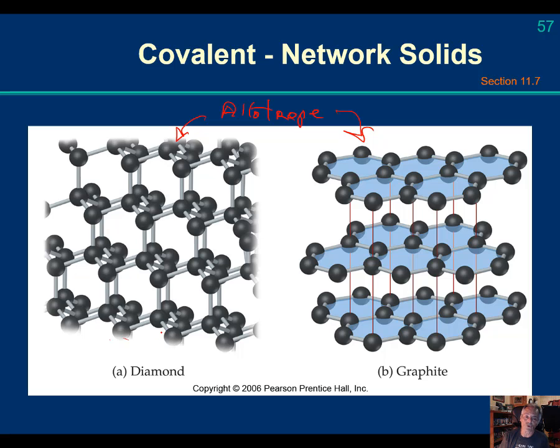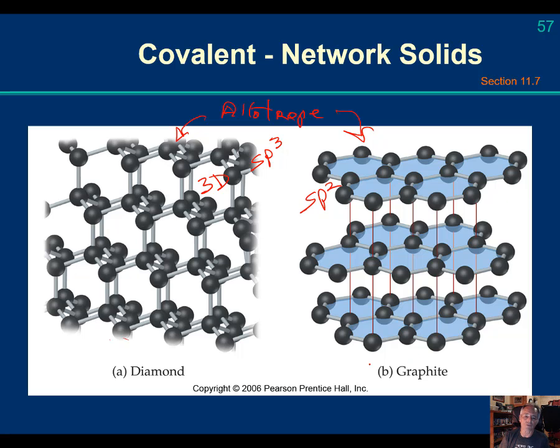It makes great jewelry. Graphite, on the other hand, is also carbon, but it's a planar molecule. Diamond is 3D, and graphite is sp2 hybridized, whereas diamond is sp3 hybridized. It's tetrahedral; this is planar.